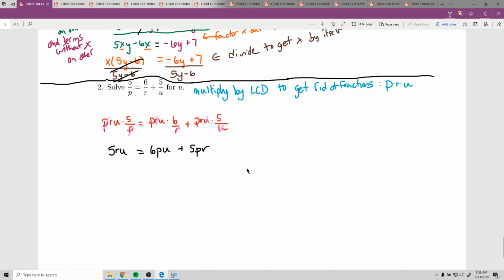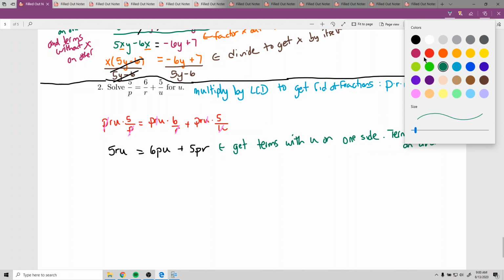Now what did we do last time? We wanted to get all the x's on one side because we were solving for x. Since we're solving for u here, get the terms with u on one side, terms without on the other. And this one has 2 terms with u.